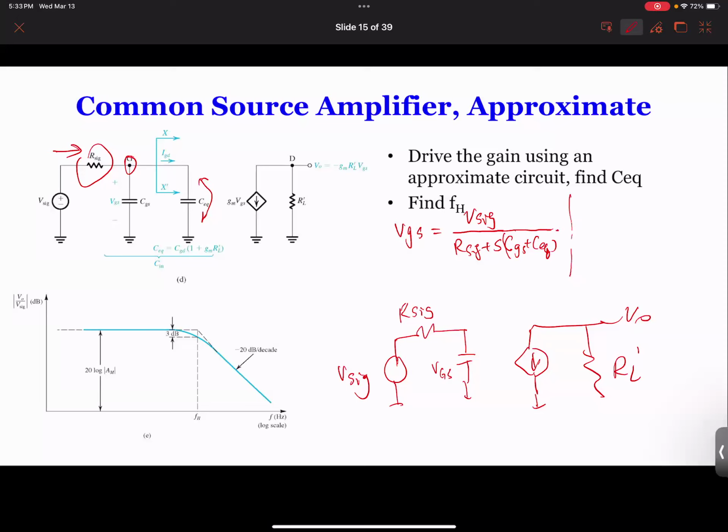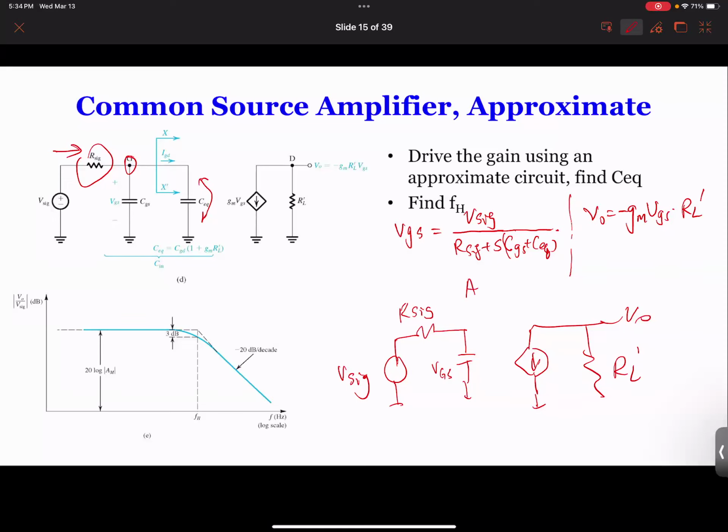And then we have VO equal to minus GM times VGS times RL prime. And VGS, now we plug in this in. So you can figure out the math. It's very simple. It becomes minus GM times VSIG times RL prime and so on. So then we can get the gain.